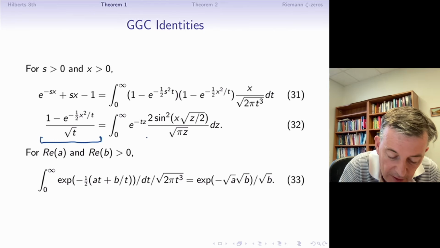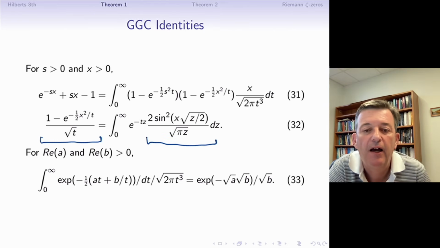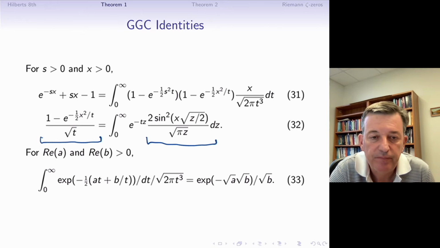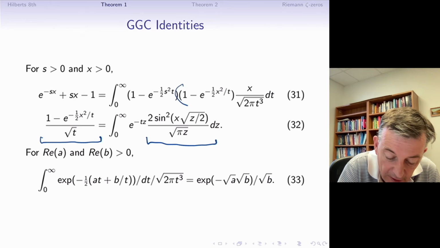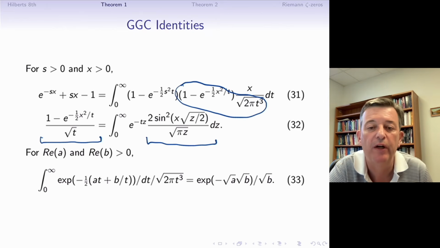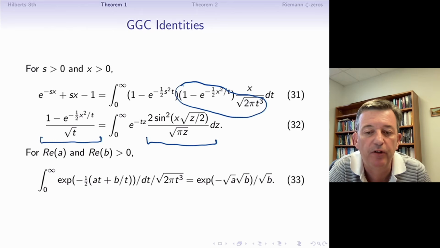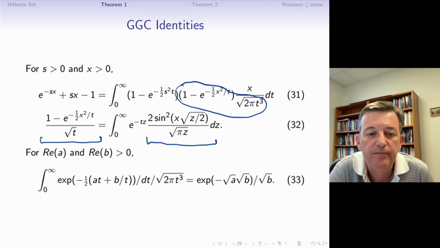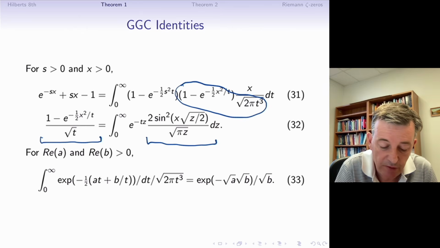And again, this will then appear in our Thorin measure. And again, you can see that up here, you can see where you can use equations 32 and equation 31. So they're just identities, and 33 is like a standard identity, essentially from the theory of Bessel functions. So again, remembering 31 and 32, they're very useful.